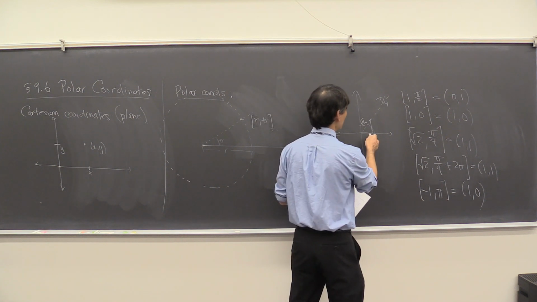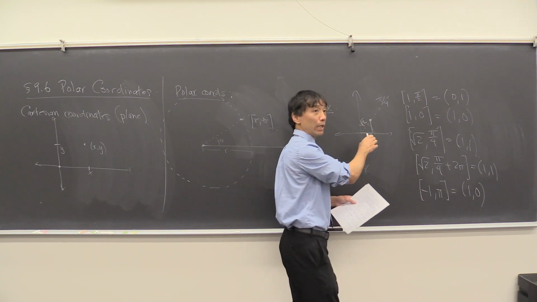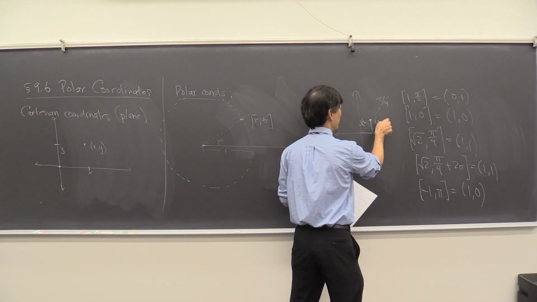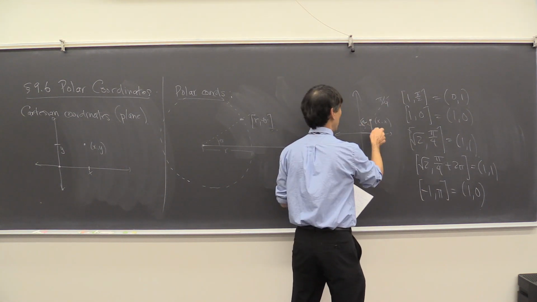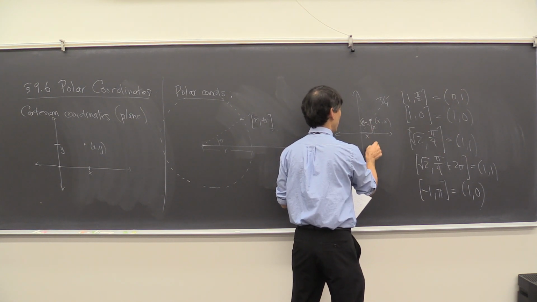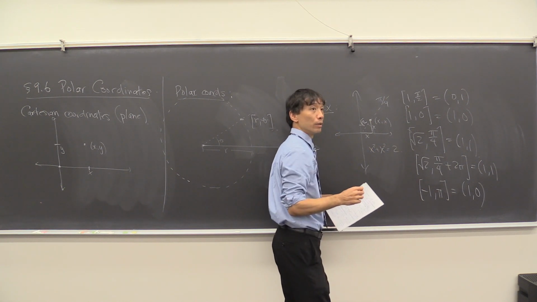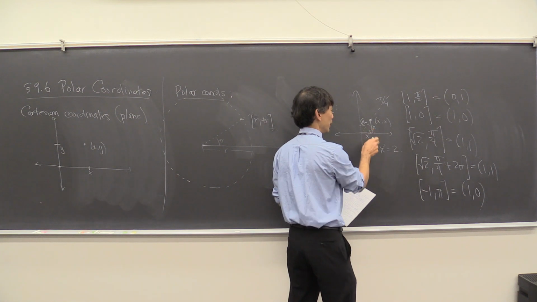Well, you know that x and y have to be equal to each other, because we're on this line. So this is x and this is x, and you know that x squared plus x squared equals 2, by the Pythagorean theorem, because this is a right triangle.